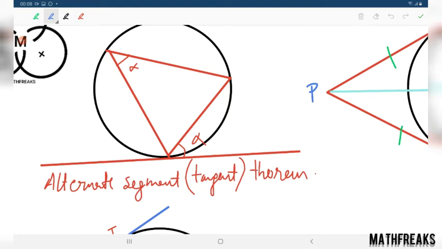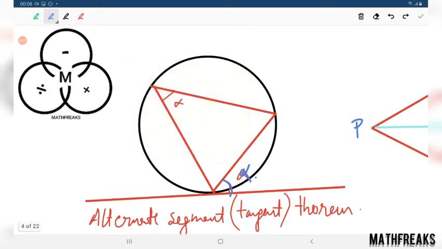Tangent I have added so that we can remember it very well. This is a chord. And this is a tangent. The angle between them is alpha at this part, and this is the alternate segment. The angle between the chord and the tangent is equal to the angle subtended by the chord in the alternate segment.